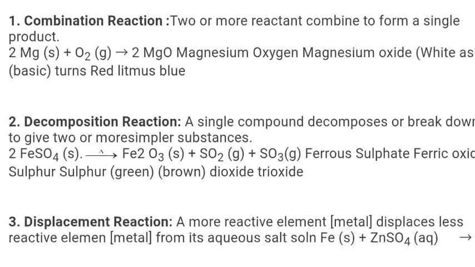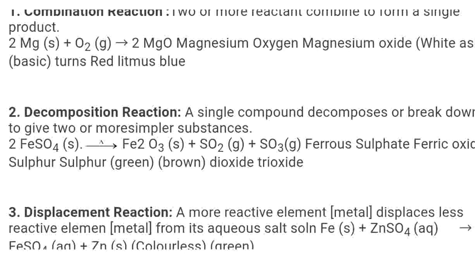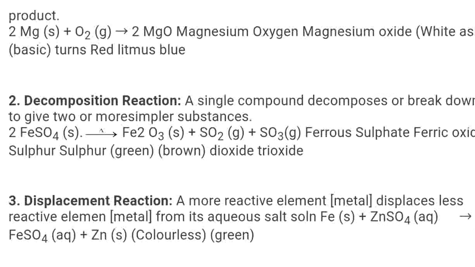So this is a combination reaction, and the color of MgO is white. It is basic and turns red litmus blue. Always remember, red litmus turns blue in basic solution and blue litmus turns red in acidic solution.